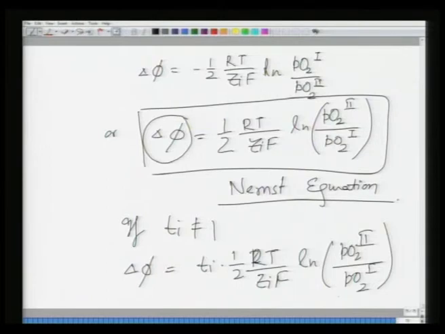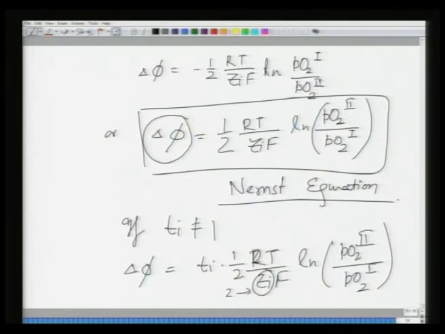And Zi in this case, since we are considering oxygen ion transport, will be 2. So, for oxygen ions it would become RT divided by 4F. If the type of your ion changes, in that case this Zi will also change.